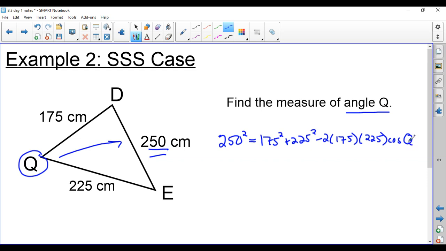Now, we want to solve for this angle Q, which means we need to get cosine of Q by itself and then use the inverse cosine to find the angle. When you do this, we're going to subtract the 175 squared and subtract the 225 squared first, so it looks like this. Don't forget this negative is still there.